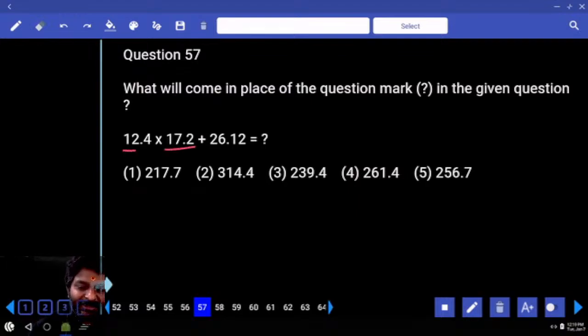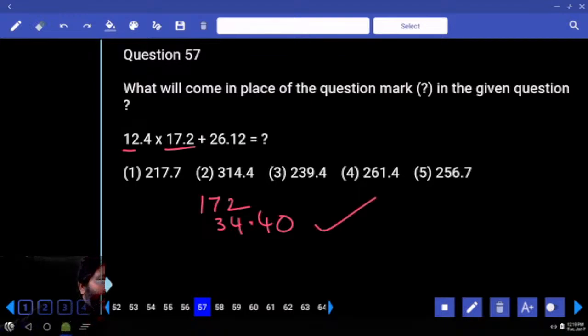12 times 10 times is 172. 2 times is 34.40. 4 times will be exactly double this, which is equal to 68.80. 0.4 times will be 6.88.